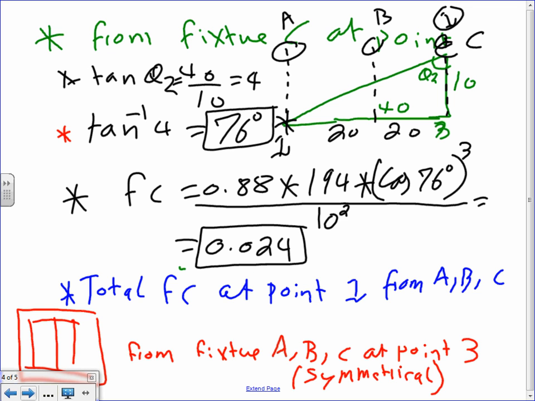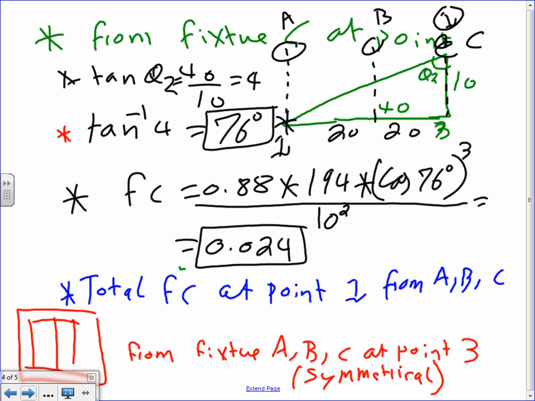Do you see, Jeff, the further away you go from the point, the more you can start ignoring the contribution of fixtures. It starts becoming nothing. 0.024, wow, that's nothing, right? Do you see how the further away the fixture is, the less contribution you get at that point? Okay, so that's it.